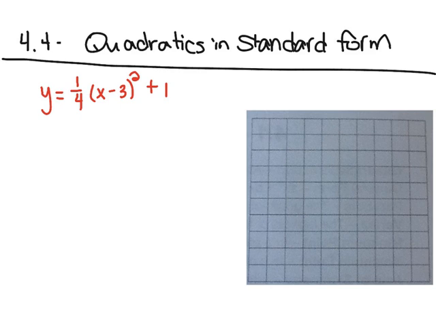To graph an equation, we want to find our vertex. Vertex will be (3, 1). The direction is up. The axis of symmetry is x equals 3. Our intercepts, to make our y-intercept, we are going to make x equal to 0.